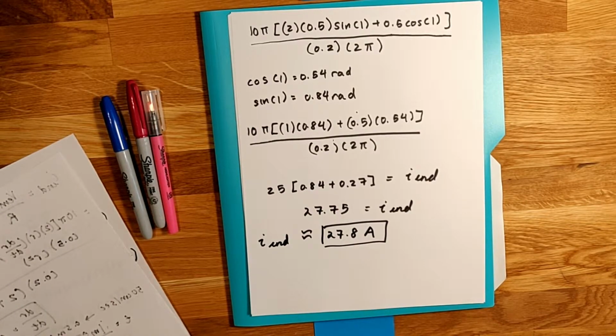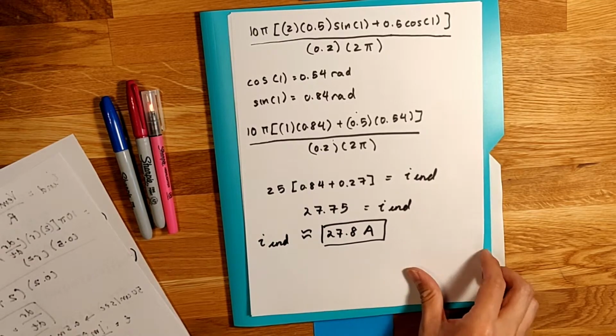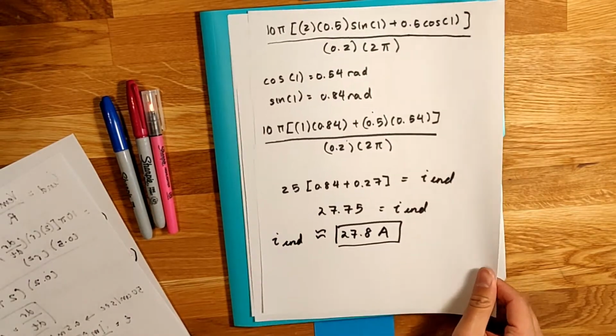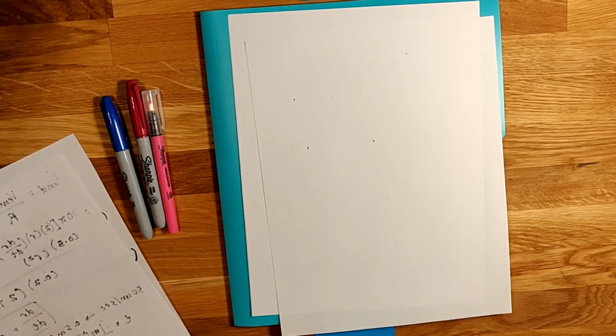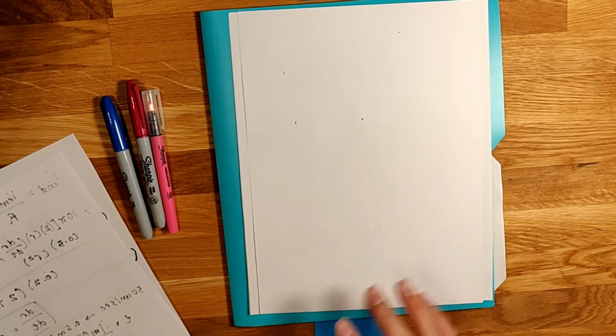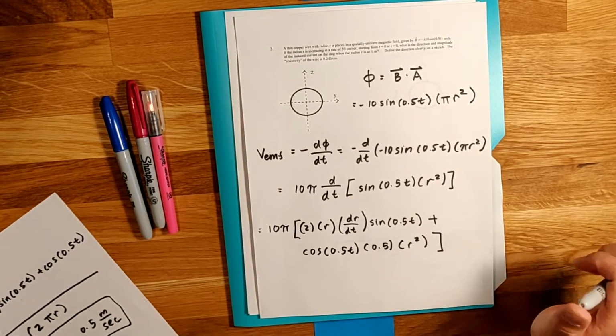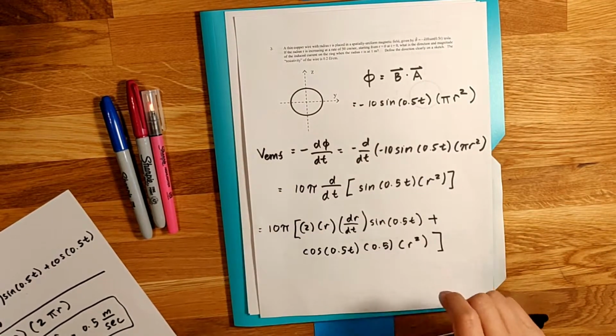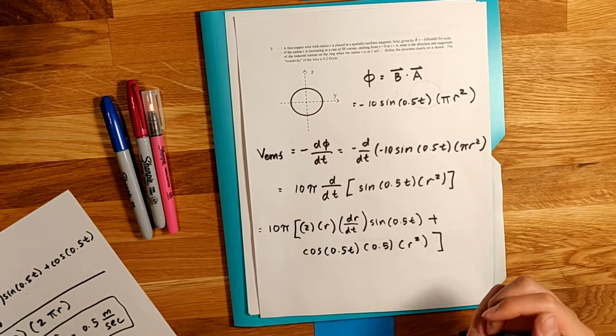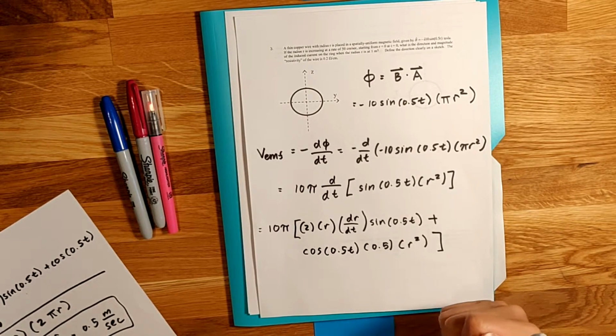So we still need to find the direction of this induced current. In this case, we have two contributions. Our first contribution is that the radius r is increasing at a rate of 50 centimeters per second.